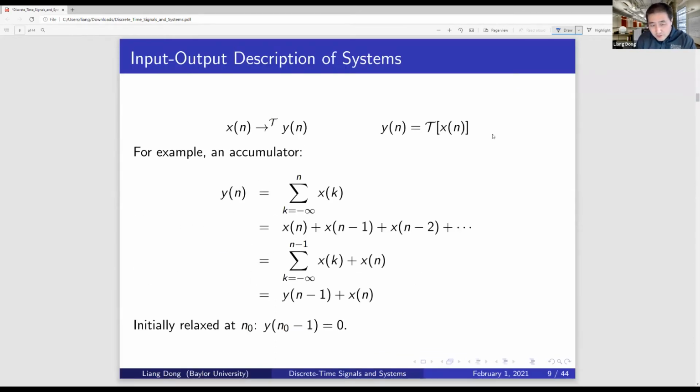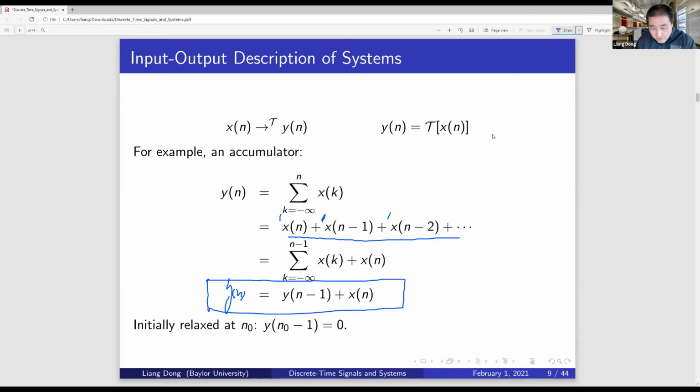Remember that we have the accumulator. In this case, these are the parameters: h[0], h[1], all the way, is 1, 1, 1, 1. You actually have infinitely many of those. Or I can do it another way: y[n] equals y[n-1] plus x[n]. Later we will know that if we have this feedback term, that gives us an IIR system.